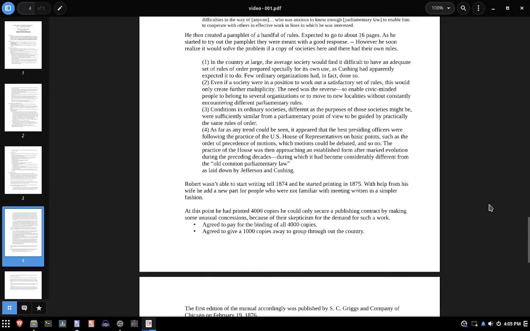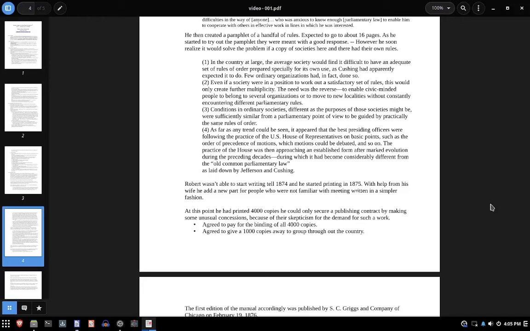Now, Robert wasn't able to start writing until 1874, and he started his printing in 1875 with the help of his wife, and a new part for people who were not familiar with meetings, under her recommendation. At this point, he printed 4,000 copies, and he could only secure a publishing contract by making some unusual concessions.